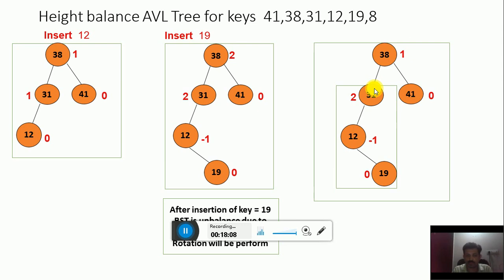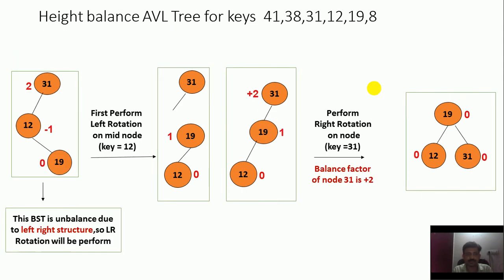So we are performing the left right rotation. First we have to perform left rotation on the mid node. Node 12 will be placed on the left side of 19, and we have to join the pointers here. So 31 will be root, and this value is positive, so we have to perform right rotation on node 31.